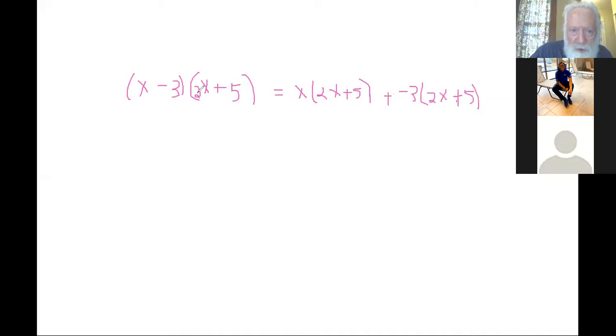Okay. So a shortcut would be x times 2x. I'll put a 1 there. And that's doing this multiplication here. So that would be 2x squared. And it doesn't matter how you do this. And then I'm going to do x times 5. So that would be 5x.